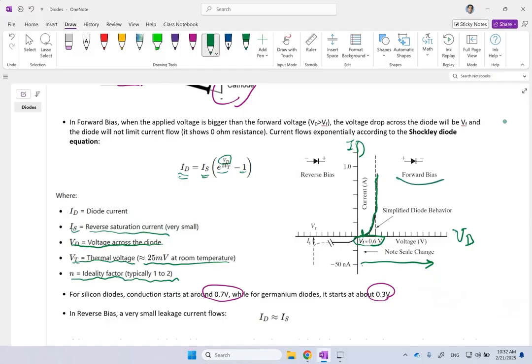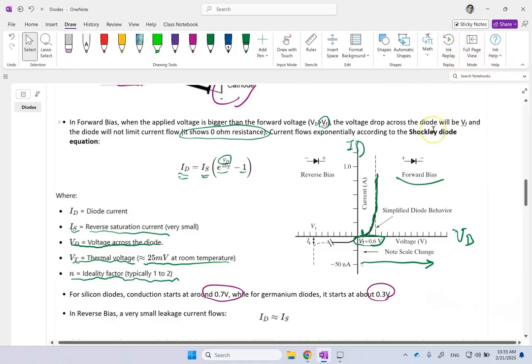Okay, so literally after VF, your diode does not show much of a resistance. It literally shows like 0 ohm resistance. If you test it on the multimeter, it does not show much of a resistance, because it allows the flow. It just resists up to 0.6 volts or 0.3 or 0.5 or whatever we have. So this is in forward bias. We go with the Shockley diode equation.